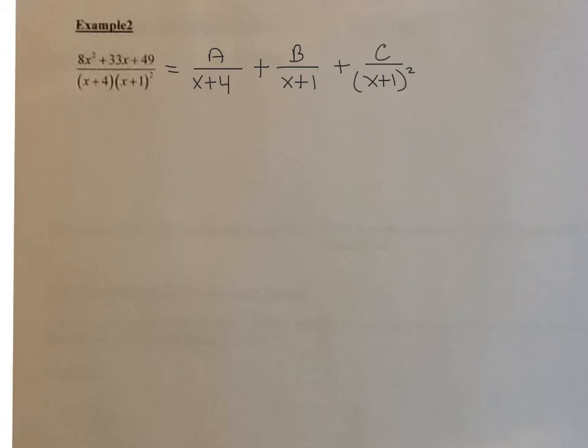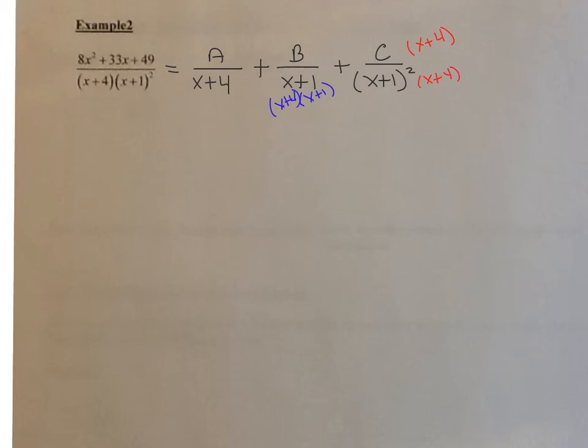To make all the denominators the same, I'm going to have to multiply the last one by x+4. The middle one, I'm going to have to multiply by x+1 and then x+4.